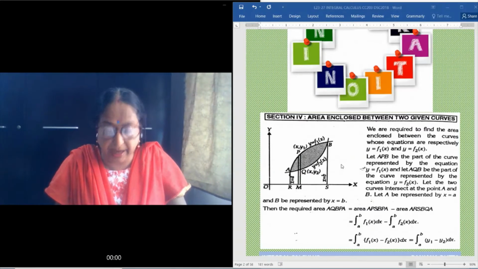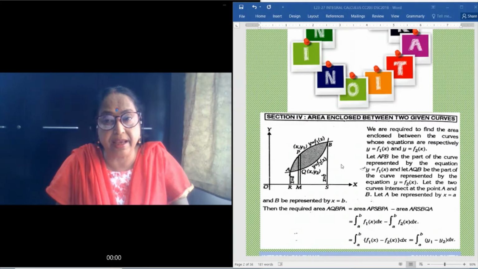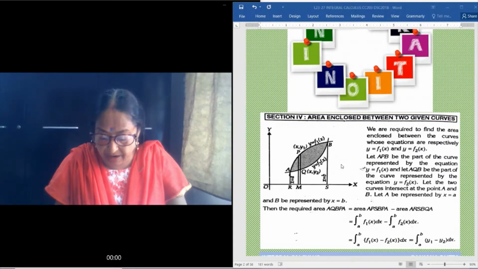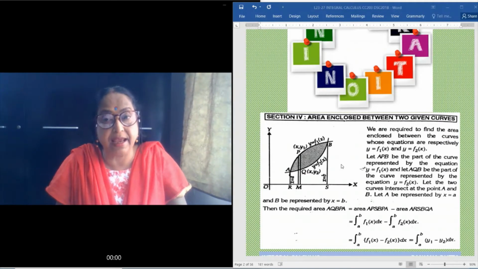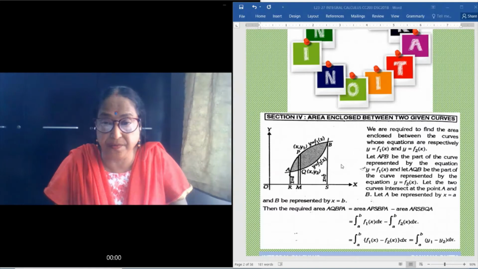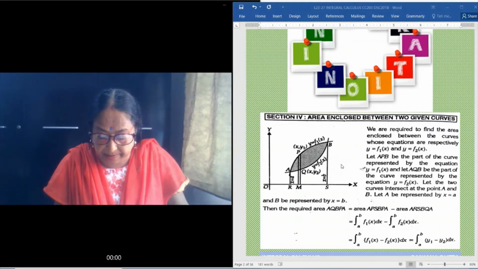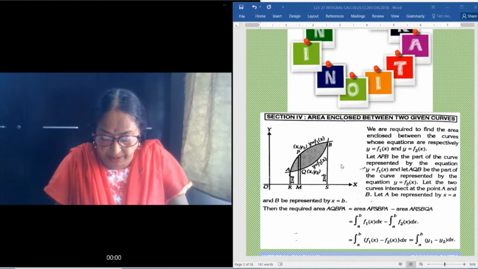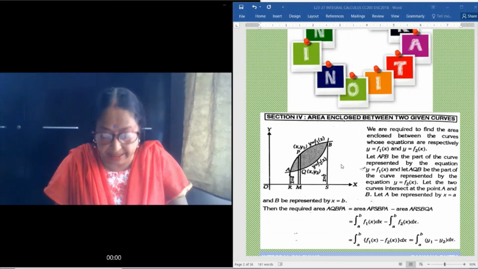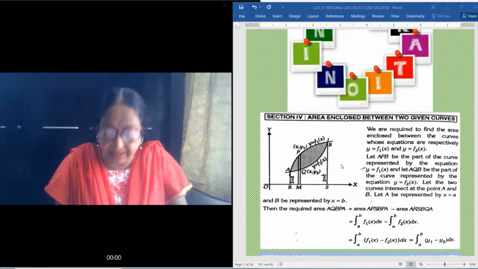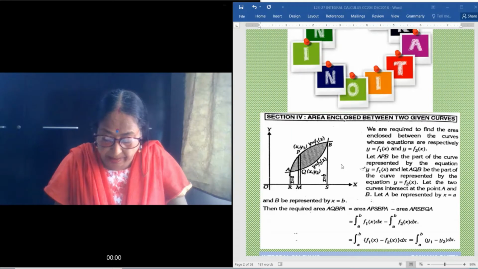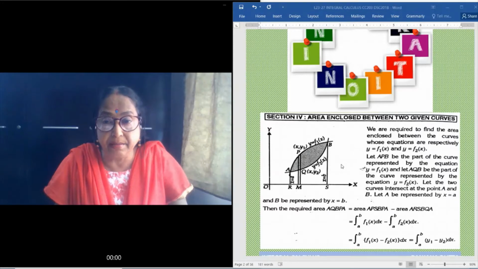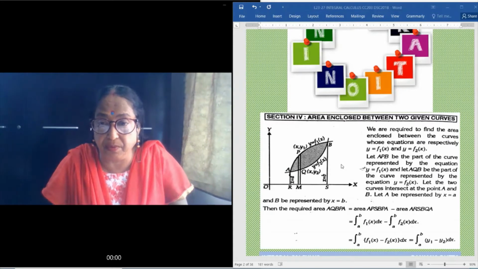where a and b are the limits of x, if it is dx. Similarly for f2(x) dx, a to b is the limit of x. In place of y, it is y1 dx minus y2 dx, and in that case the limit will be for x.